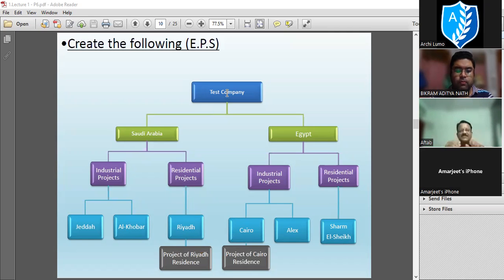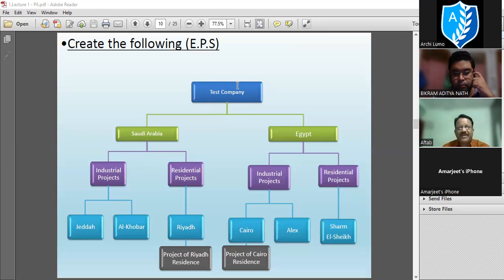So the company itself you can keep as the top node or top hierarchy. That company may have some projects in Saudi Arabia, some projects in Egypt. You people know Egypt, no? That's an African country, okay? Saudi Arabia, yes, sir, that is an Asian country, a Gulf country.